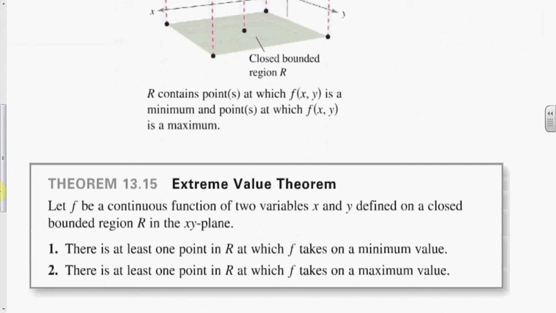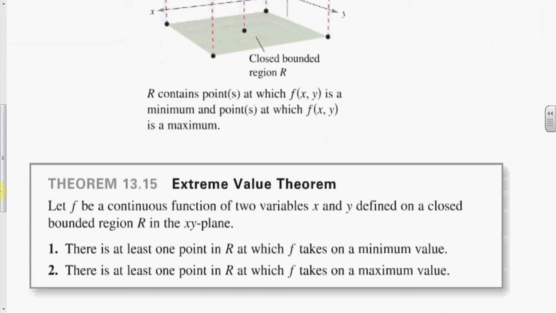The extreme value theorem, really a copy of the extreme value theorem from calculus 1, but just here applied to the space of x, y, and z. Let f be a continuous function of two variables, x and y, defined on a closed bounded region R in the xy plane.